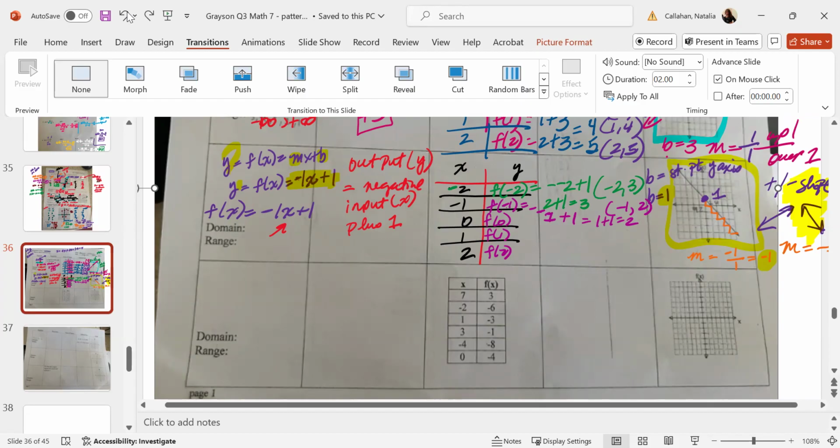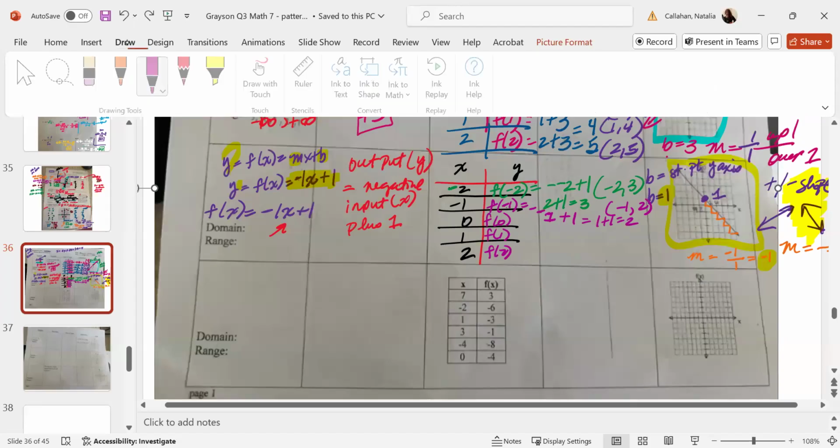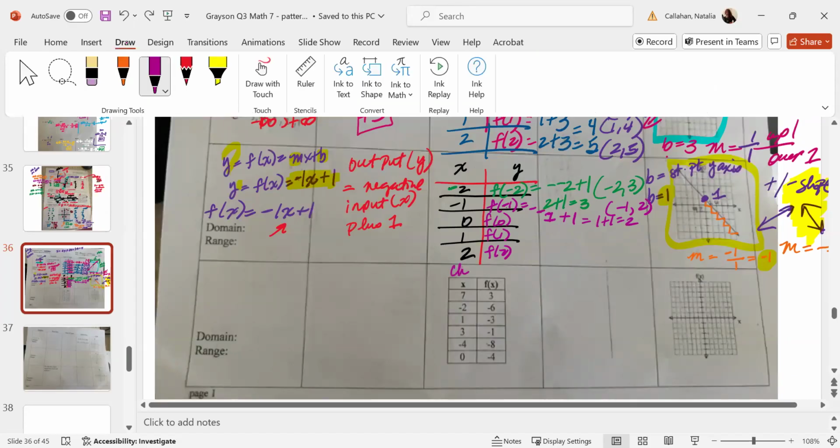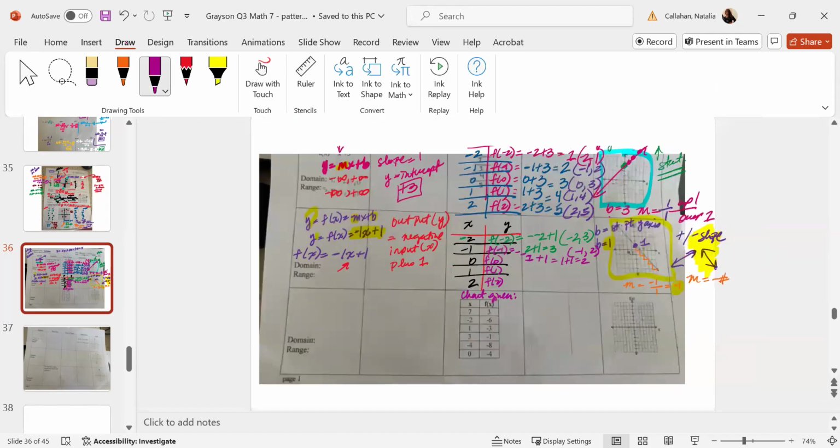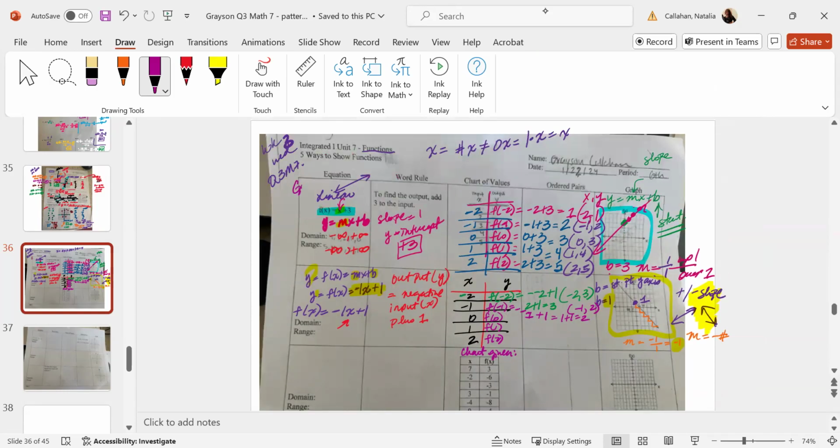For question number 3, do you see how this one actually gives you a graph or a chart? This is what's given, correct? Whereas before, the first one gave you an equation. That's number 1, right?